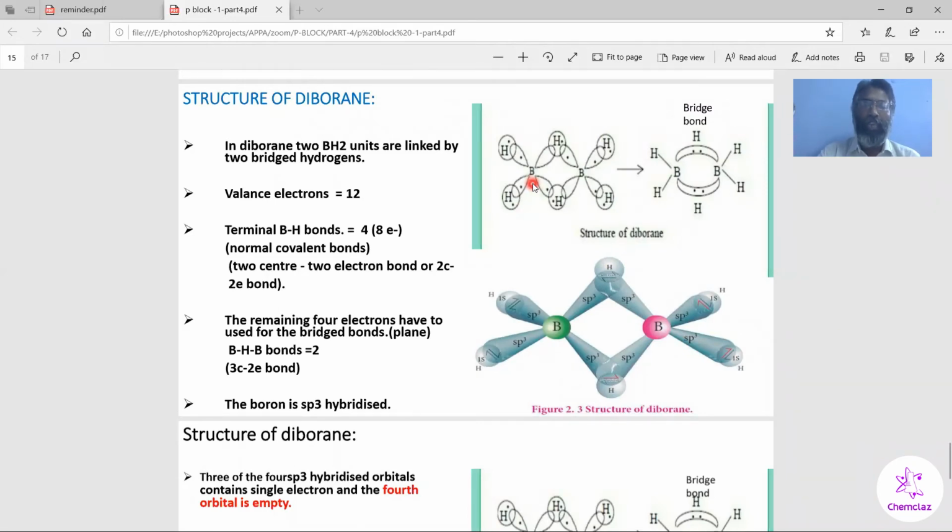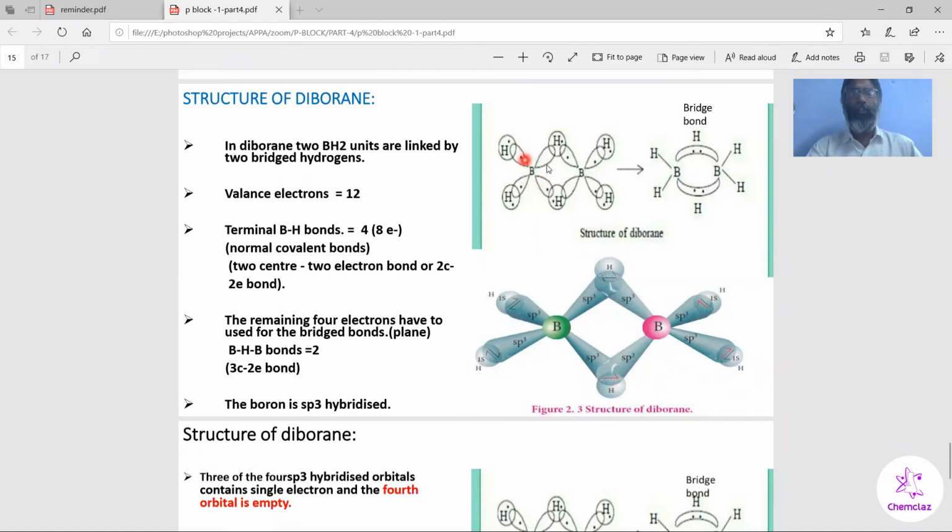In methane, carbon follows sp3 hybridization with 4 equivalent orbitals and 4 electrons. But here there are 4 equivalent orbitals with 3 electrons, because boron forms electron deficient compounds, having only 3 electrons.